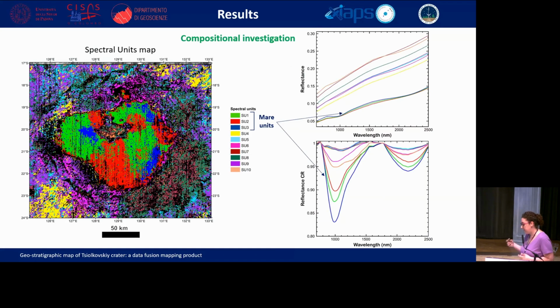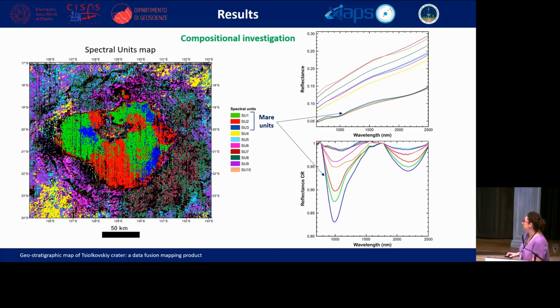To further investigate the composition and properties of these units, we retrieved the reflectance spectra. In particular, we can see that our red, green, and blue mare units present the lowest reflectance spectra and the strongest absorptions at 1 and 2 micron. Shallower absorption bands characterize unit 10 in coral and unit 6 in magenta.